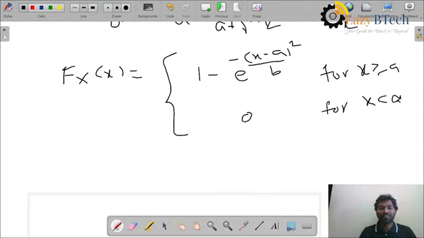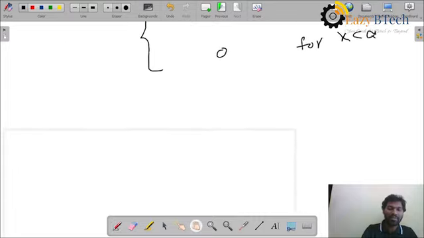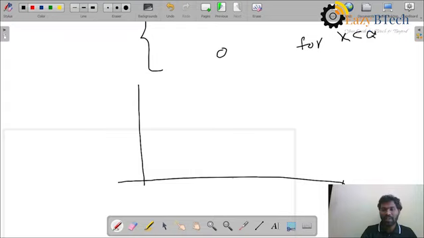So this is the probability distribution function of Rayleigh random variable. If you plot the same one, it is like this. Here you take x and it is capital F_X(x).